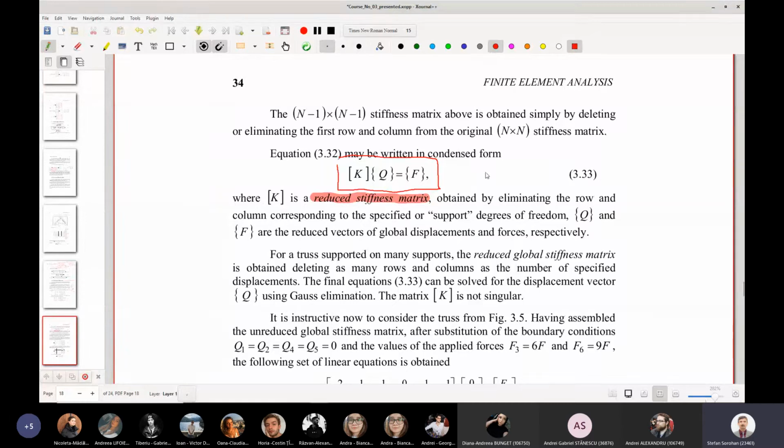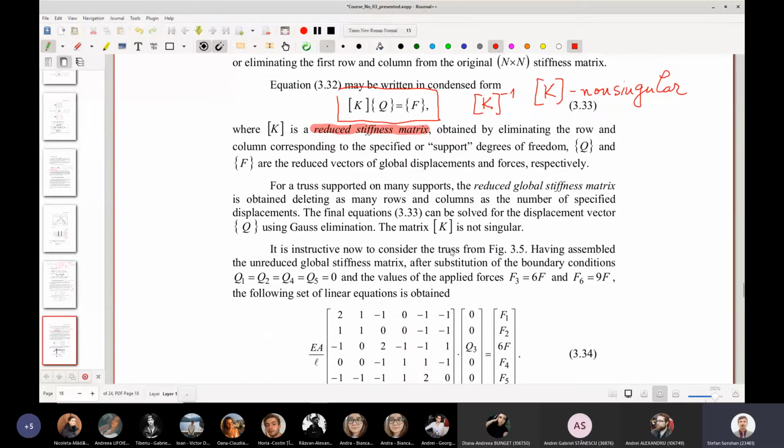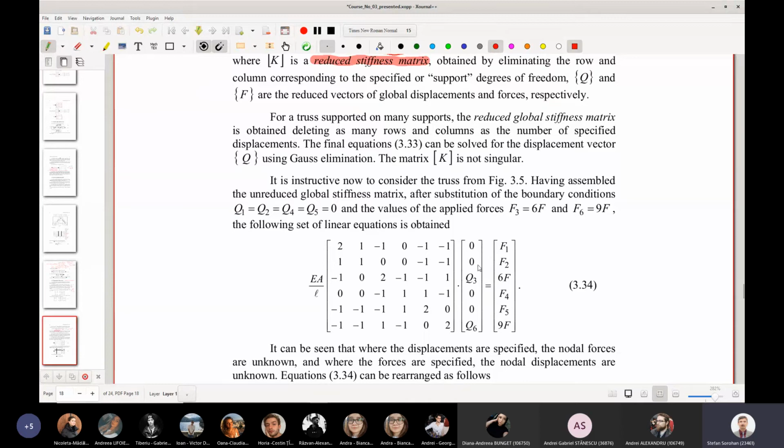So if you calculate the determinant, this K inverse can be obtained, so this K is non-singular. In which condition will this K be non-singular? Let's solve this particular problem. In our particular problem, Q1, Q2, Q4, and Q5 are 0.